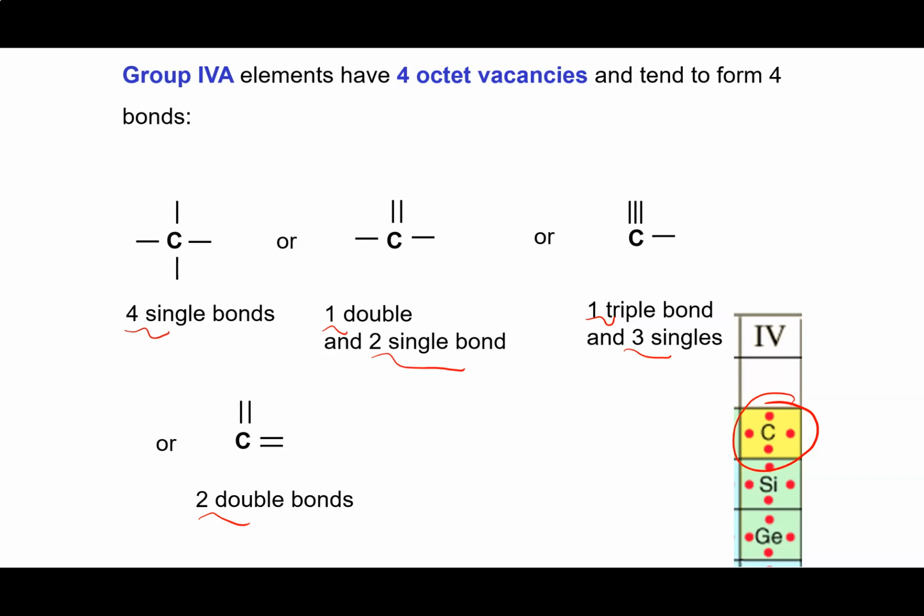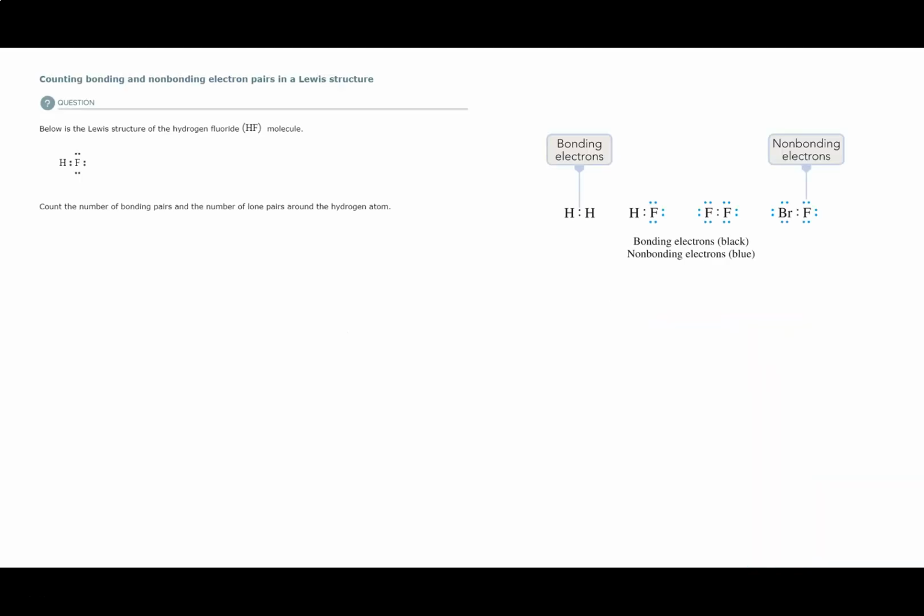It can do all of these different bonding patterns. So we see carbon in our DNA, we see carbon in our proteins, we see carbon everywhere in living systems, and the entirety of organic chemistry and biochemistry is mostly concerned with the chemistry of carbon and its compounds, because carbon is just so versatile in its bonding.